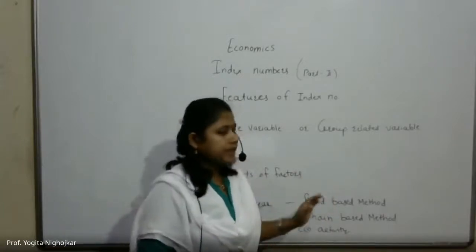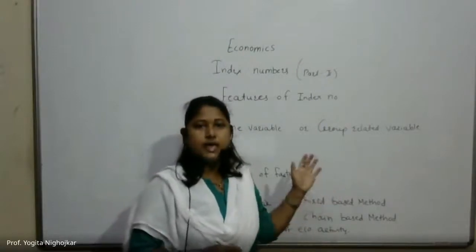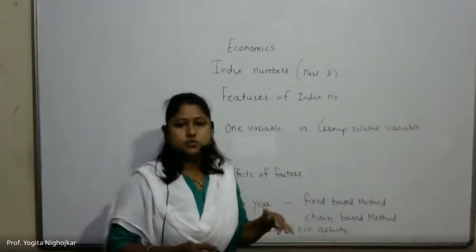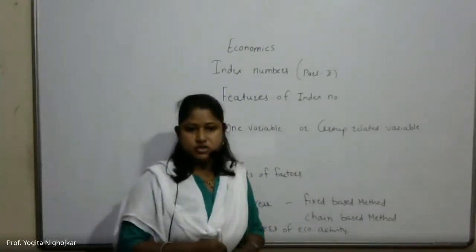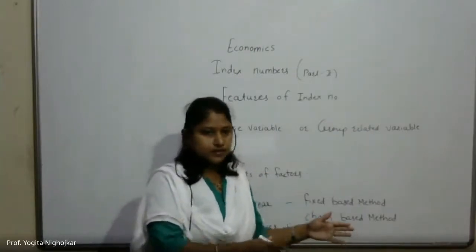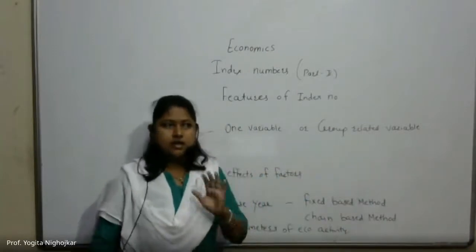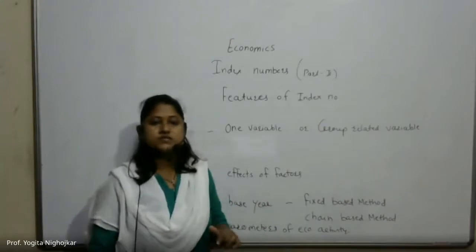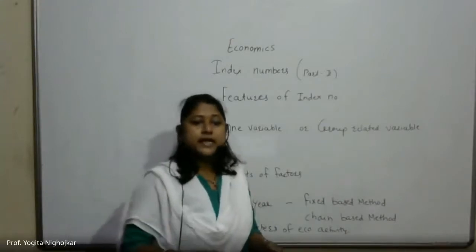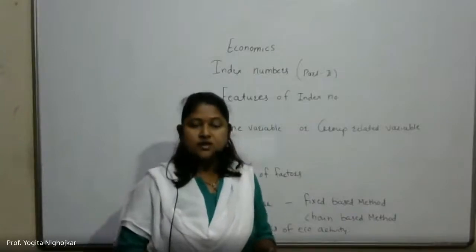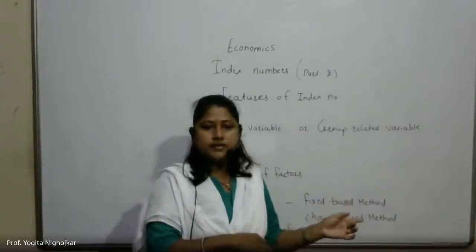Index numbers are usually applied as a statistical device to measure the combined fluctuations in a group of related variables. For example, suppose a researcher wants to compare the price level of consumer items today with that prevalent 10 years ago.